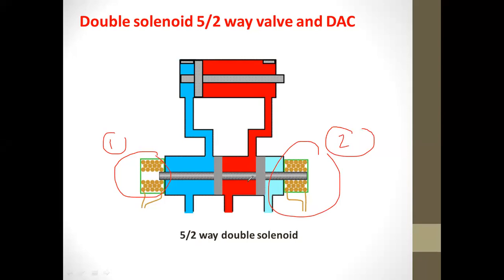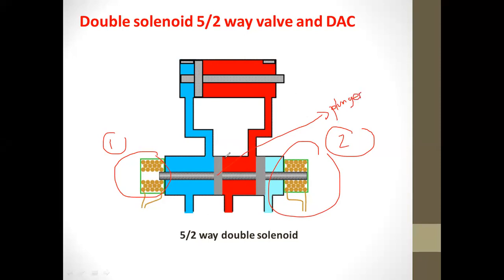You notice that the plunger is built in, or the double solenoid 5-2-way valve is also built in with a plunger. This one is the plunger actually, the movable plunger.